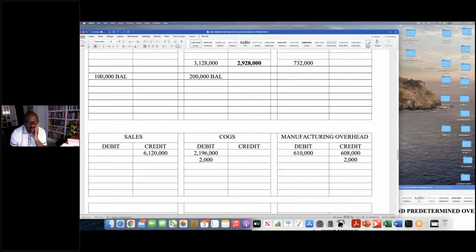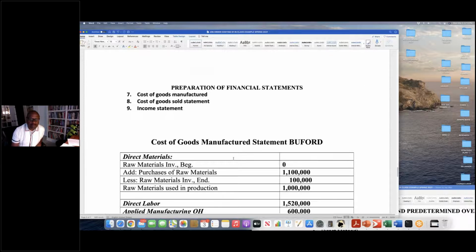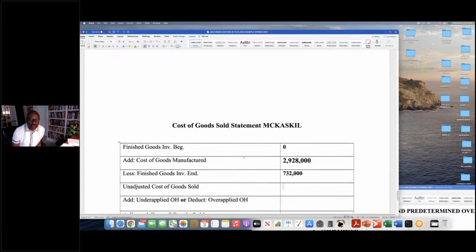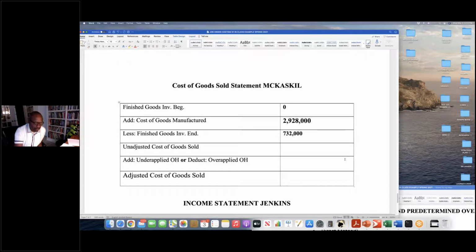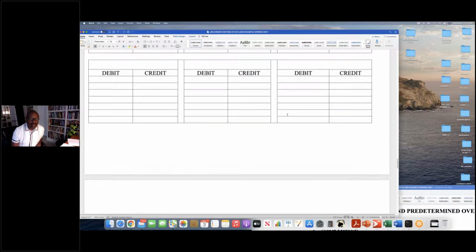So that's just 2,196. We add the underapplied or deduct the overapplied. We underapplied it by 2,000.